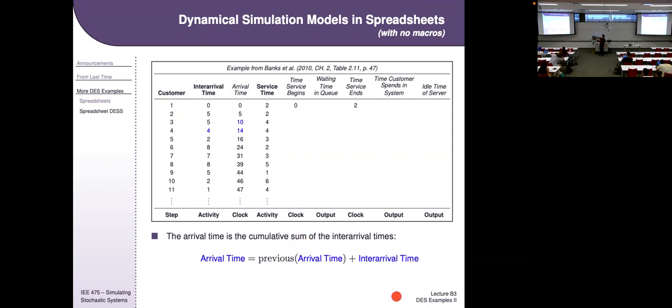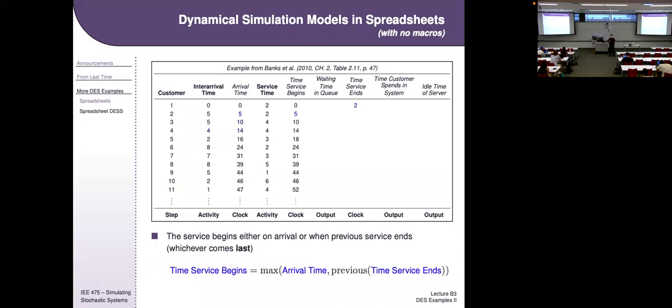So I could write this in sort of Excel language, and say this cell here that says 14 is going to be equal to whatever this arrival time was, whatever that cell identity is, E4 or something like that, plus D5 or whatever this is, where that's the inter-arrival time. So I'm just adding the previous one plus the one next to it. I can take those and fill down, and I get all my arrival times. So that's the way you get your arrival time.